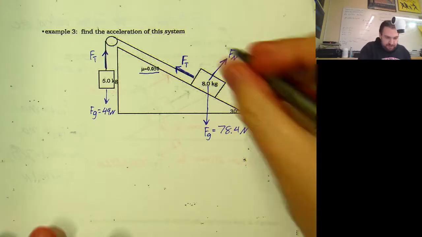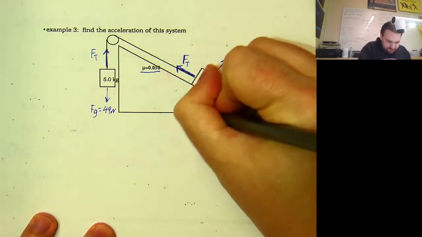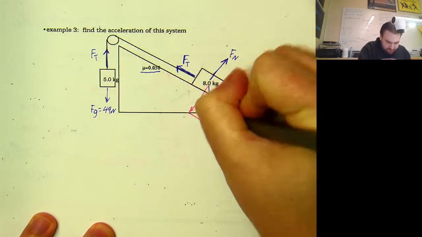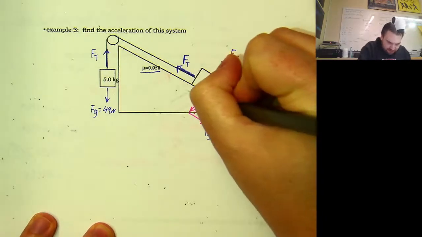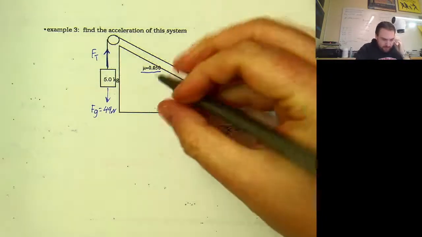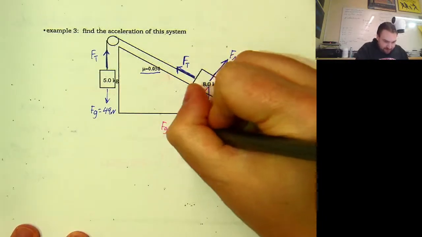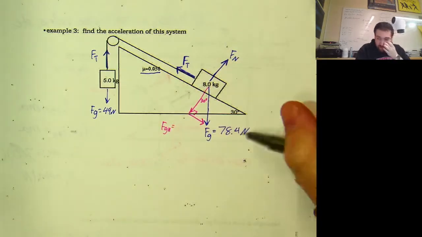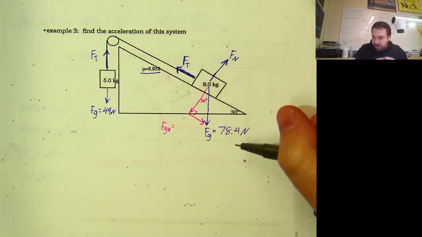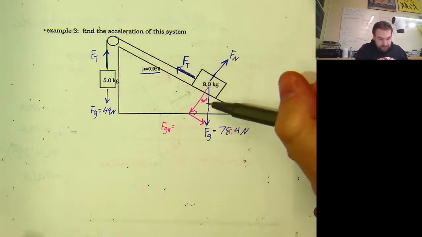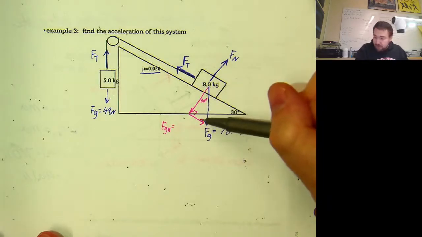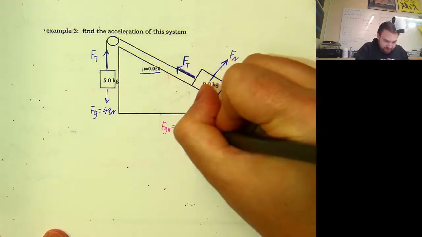So we need the component triangle first. That's 90. That's 30 degrees. So my Fg parallel is going to be 78.4 sine 30, which is 39.2 newtons.